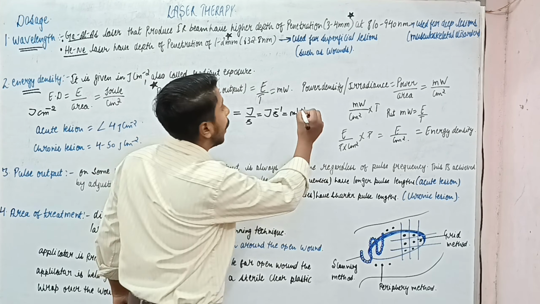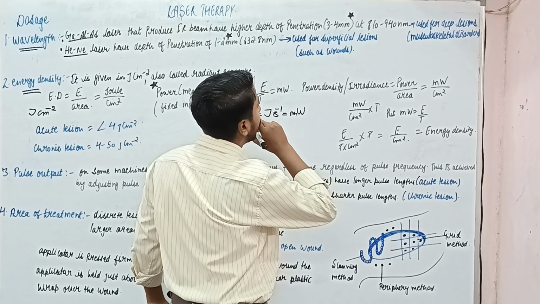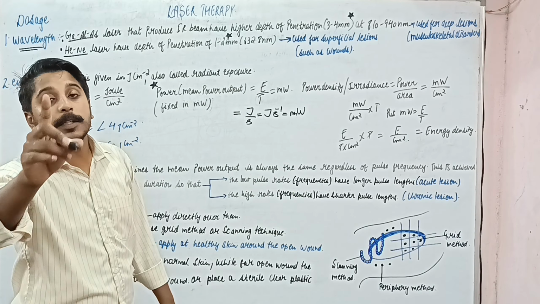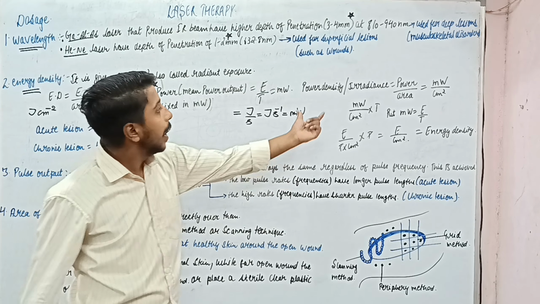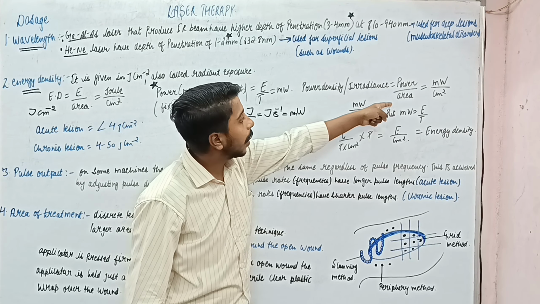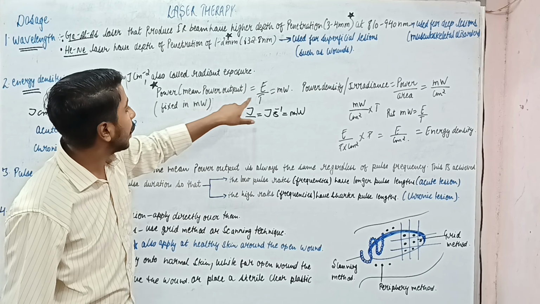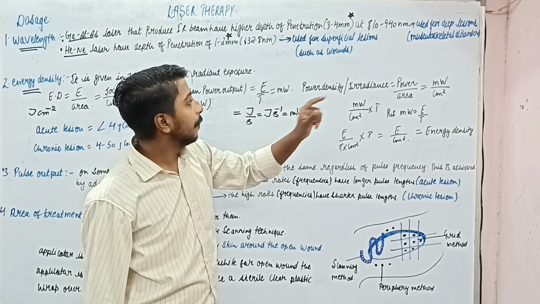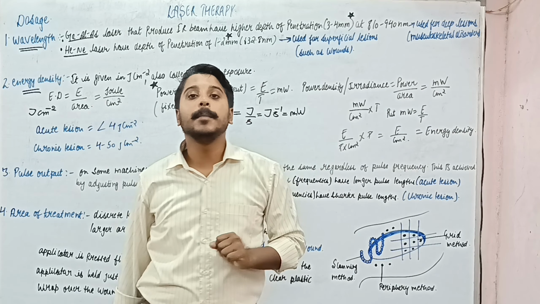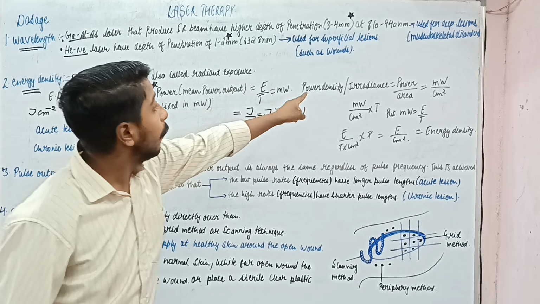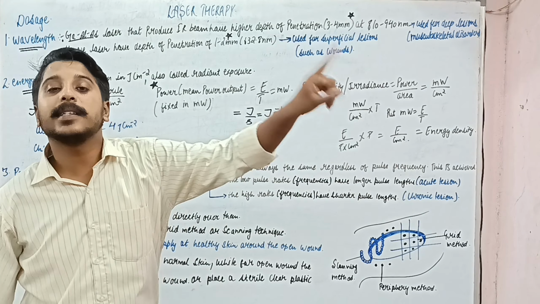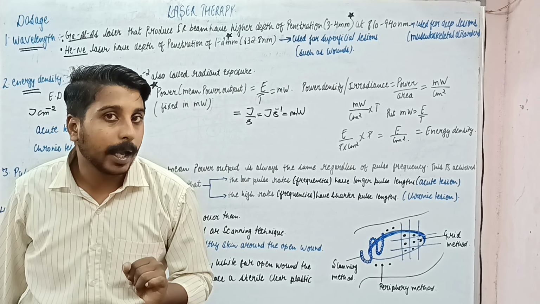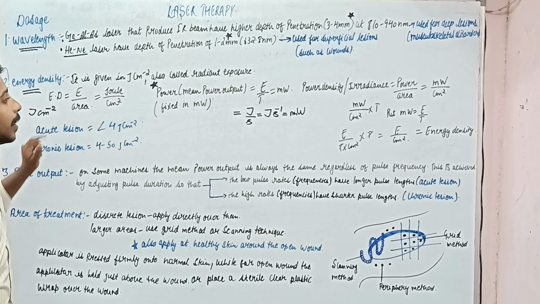How? First of all, we will study what power density is. Power density is power upon area. Power was milliwatt and area centimeter square, so it is milliwatt per centimeter square. Now if we multiply this power density by time, it gives energy density.